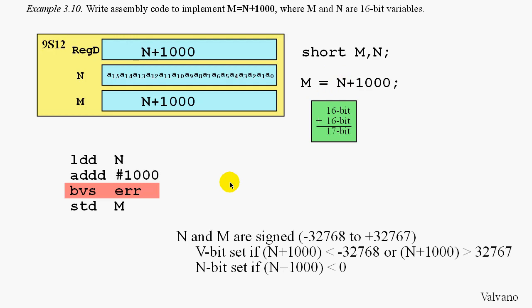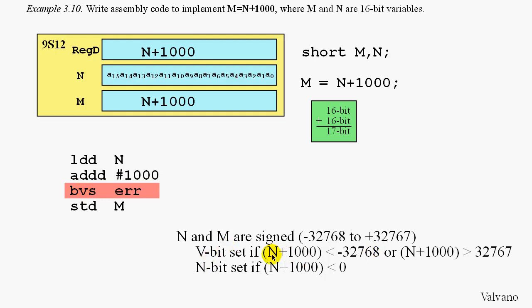Conversely, if m and n were signed, and again in C we would specify signed using the short definition, then they would exist from minus 32,768 to plus 32,767, and the V bit would be set on an error if the result is incorrect.